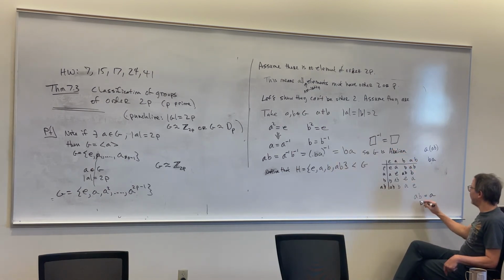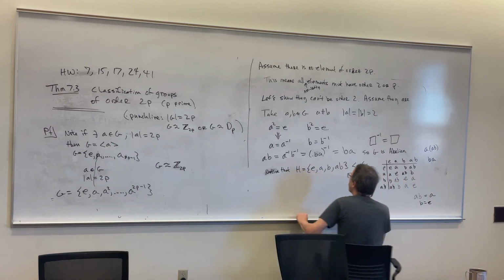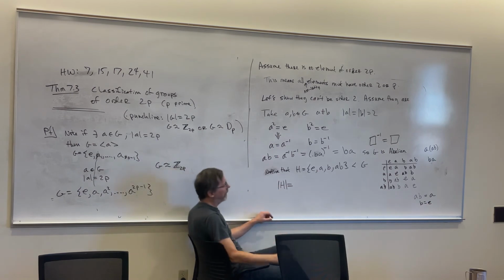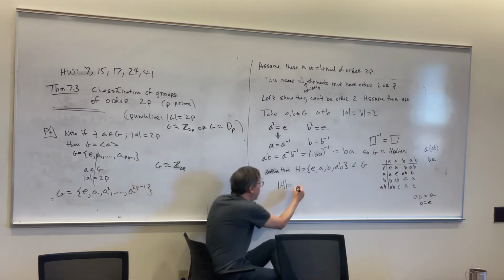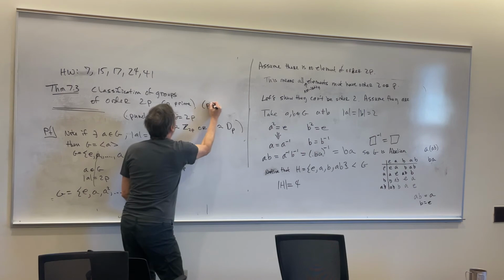So this is definitely a distinct element. What is the order of H? Four. There's one little thing I forgot to add up here. We do assume p is greater than 2.